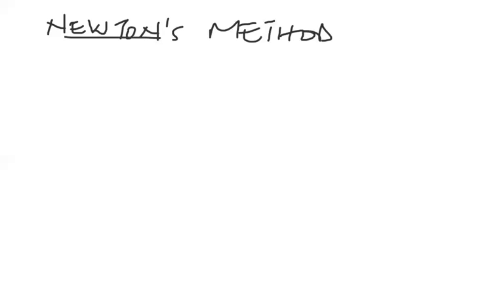Okay, so let's talk about Newton's method now. Like I told you on Friday, we are just going to look at two methods for solving nonlinear systems. On Friday, we looked at the fixed point method, and we saw how it can be used to solve nonlinear systems.